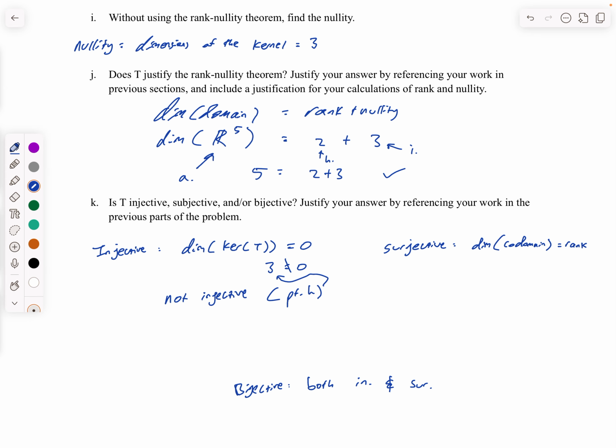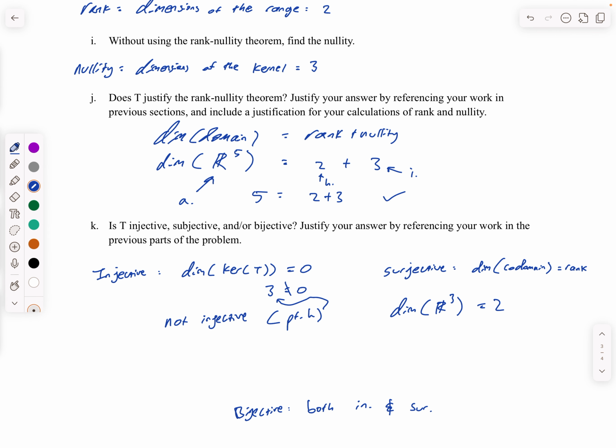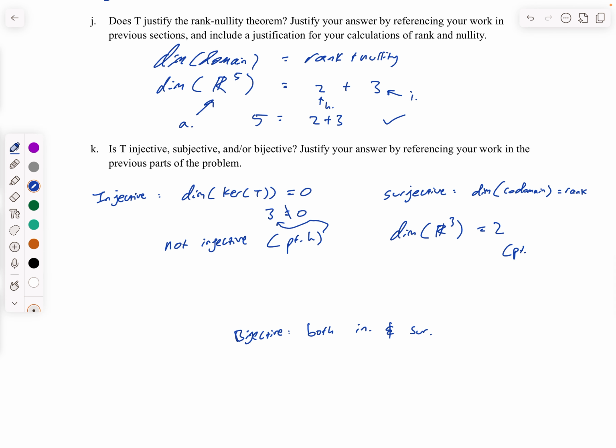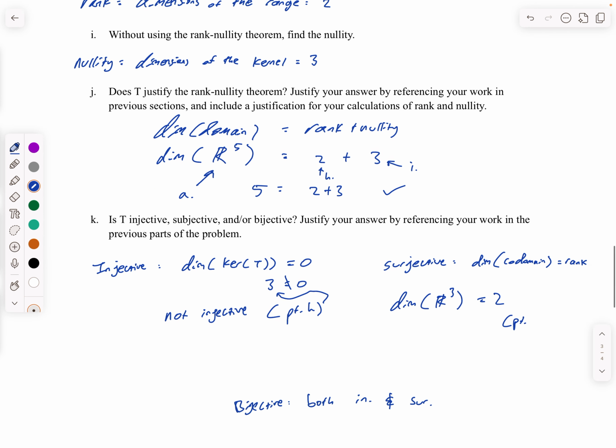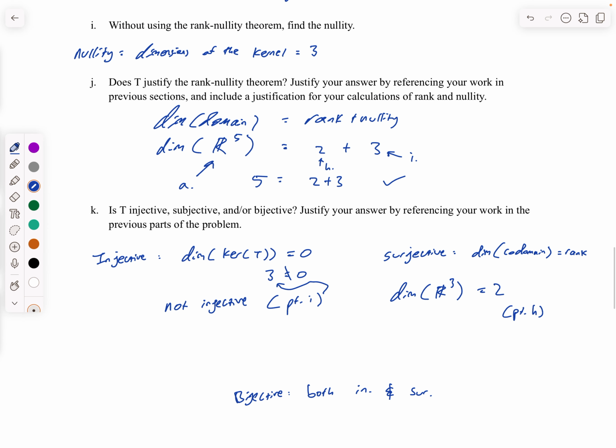Okay, and then surjective: the dimension of the codomain is equal to the rank. And let's recall that our codomain is R3 and our rank is, right, the rank is 2. So that comes from part H. This one comes from part I. And clearly 3 is not equal to 2.